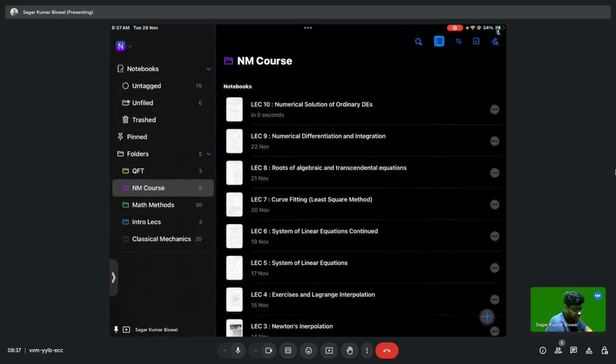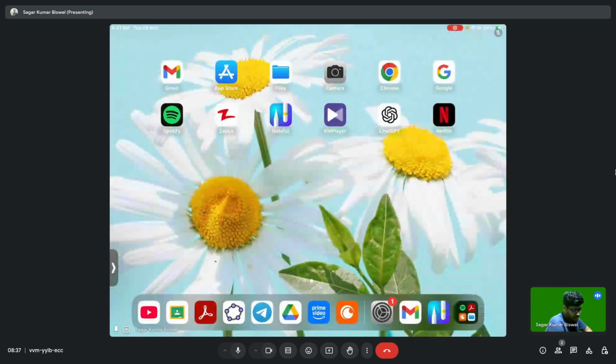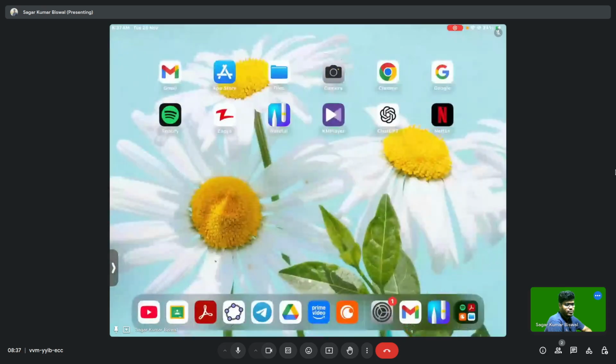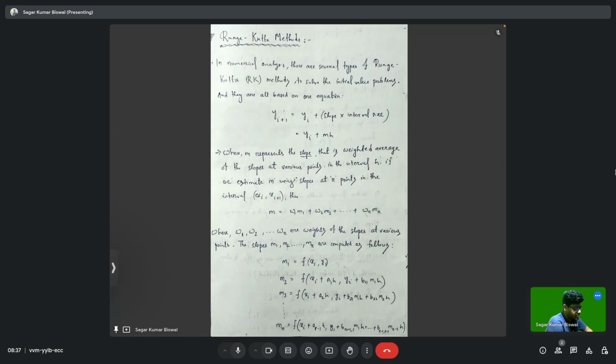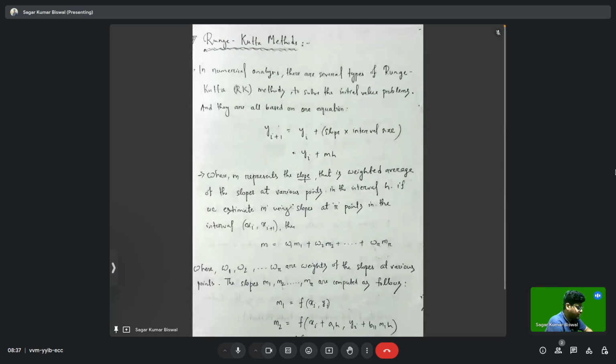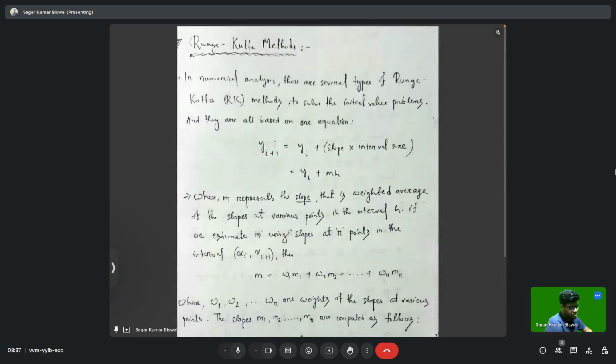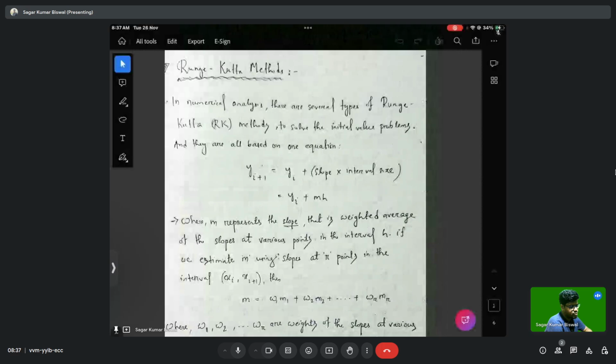Now let's discuss the Runge-Kutta methods in brief. For the Runge-Kutta method, we are not going to derive the formulae because they are very lengthy to derive. So here I am just going to give you a brief idea.